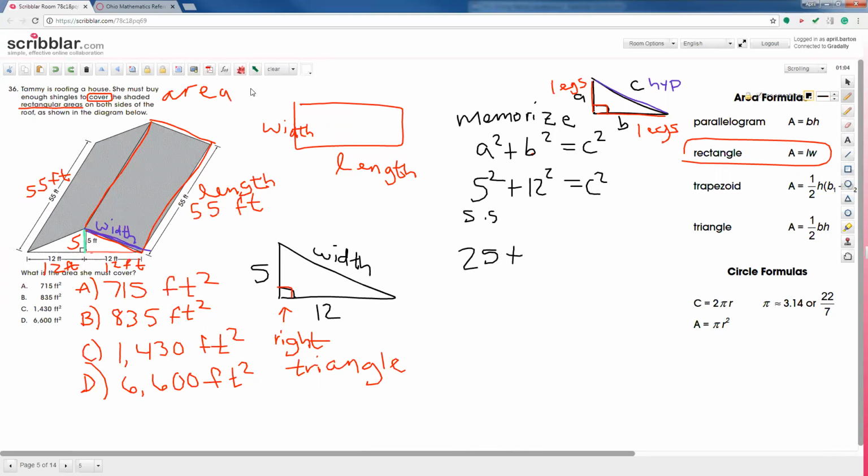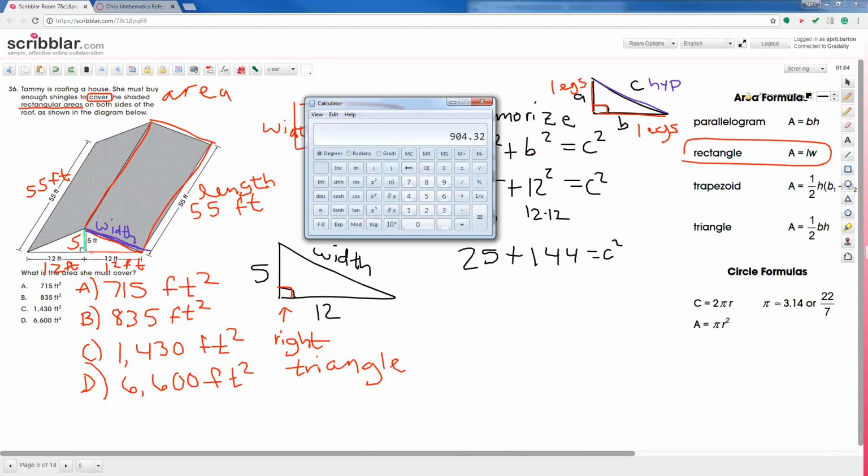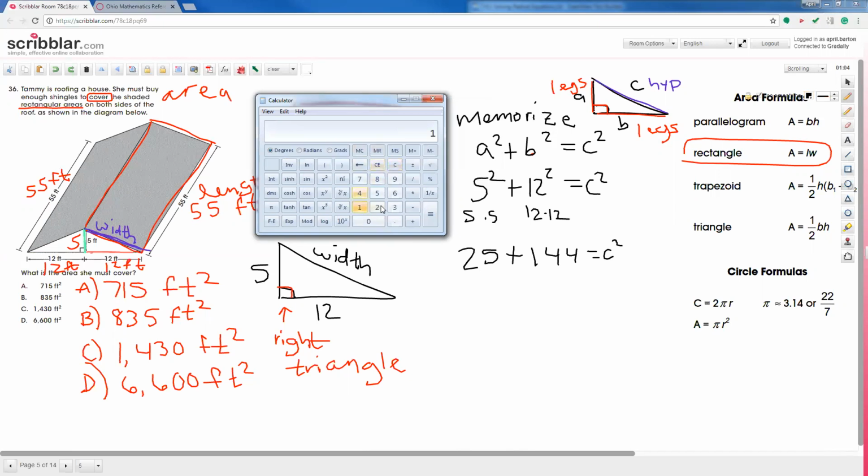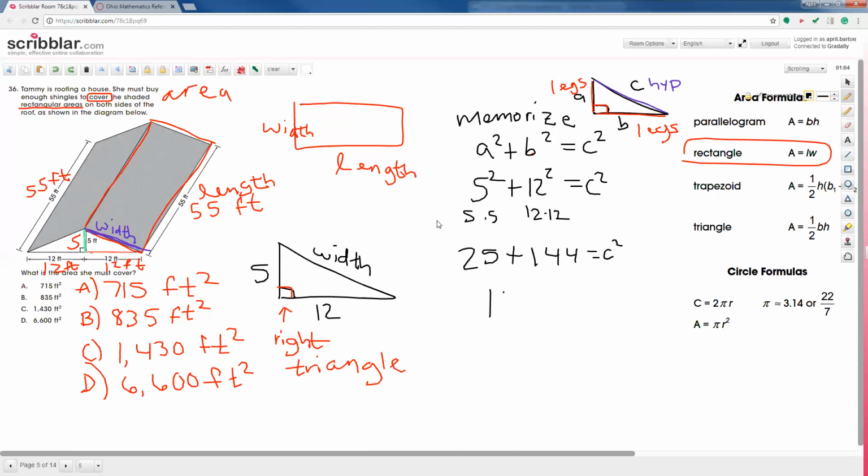And 12 squared is 12 times 12, so that's 144. I know these just because I have a lot more practice. I do problems like this all the time because it's my job. If you don't remember, plug it in. Calculators are great. Then we add the two together, and get 169.